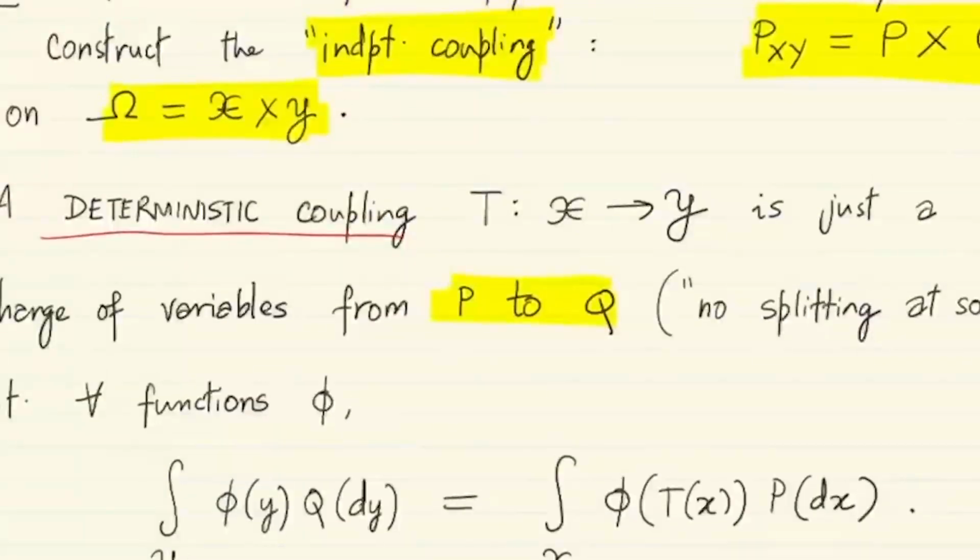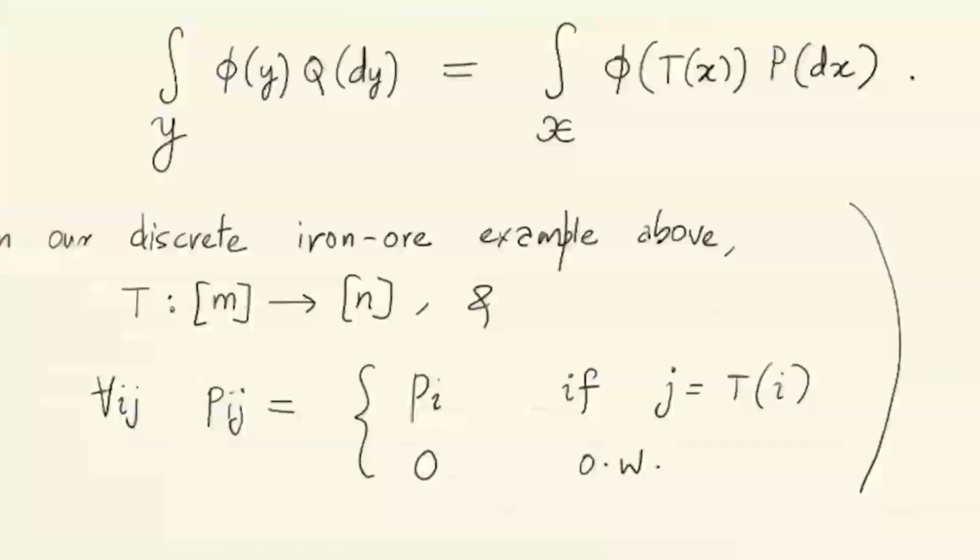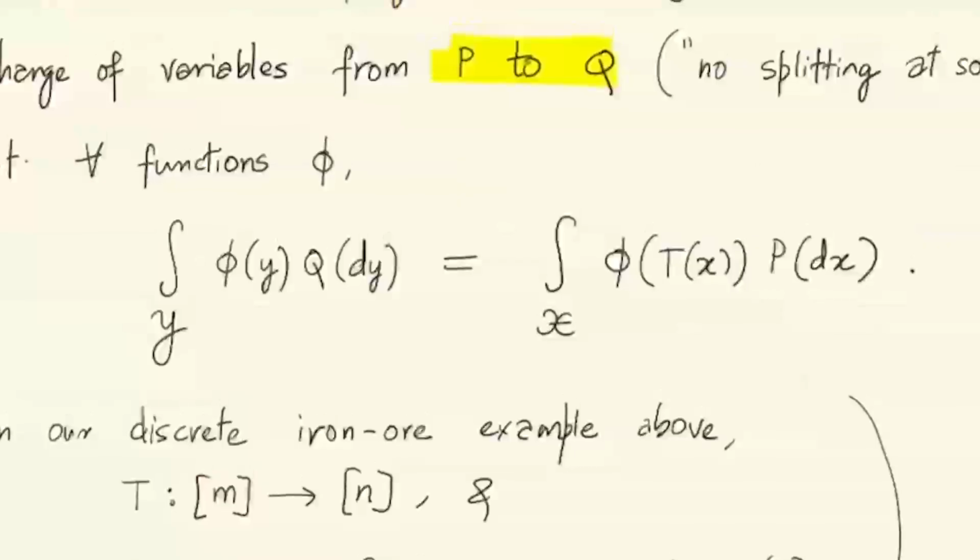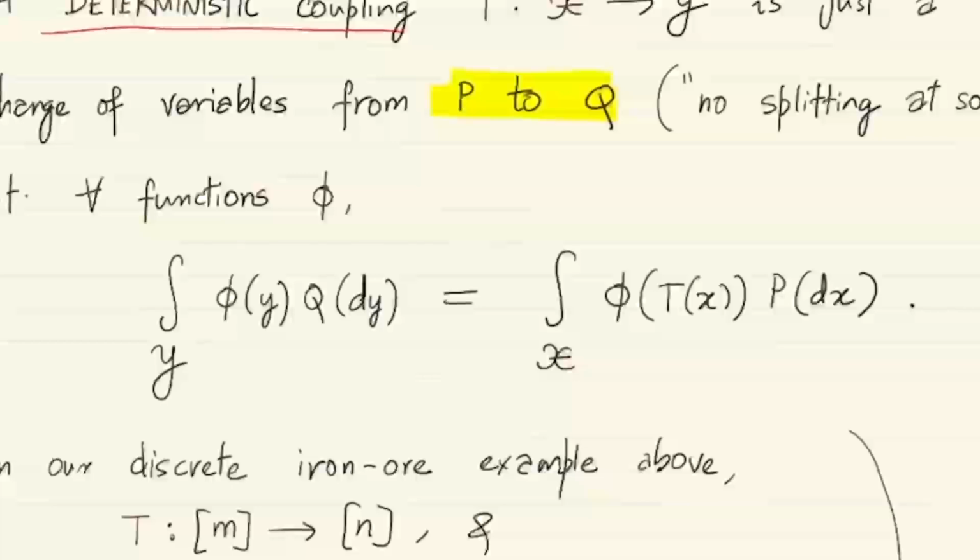It's a deterministic way of mapping any x to any y. So you do not split, you do not have multiple destinations for any of the sites or domain elements of x. Each domain element of x is assumed to send material, or transport material, only to a uniquely identified site in the y domain.